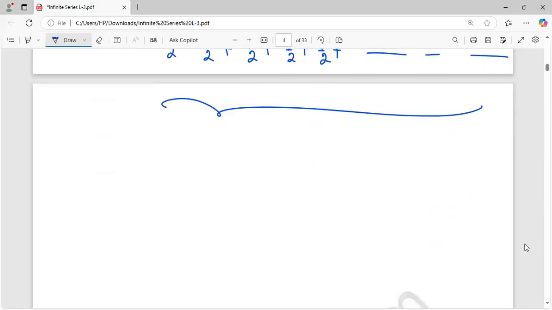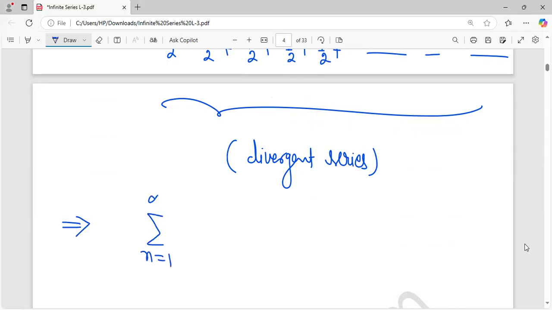This is a divergent series, because the partial sum is m times 1 by 2, which tends to infinity. So this implies summation n goes from 1 to infinity of 1 upon n to the power p is divergent by comparison test.